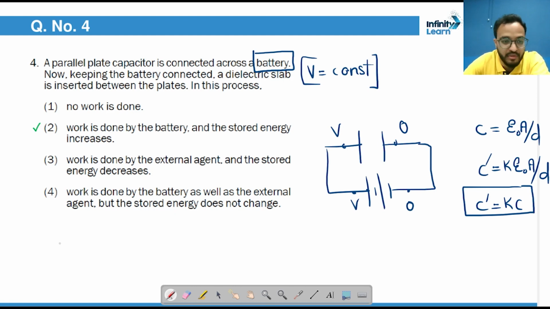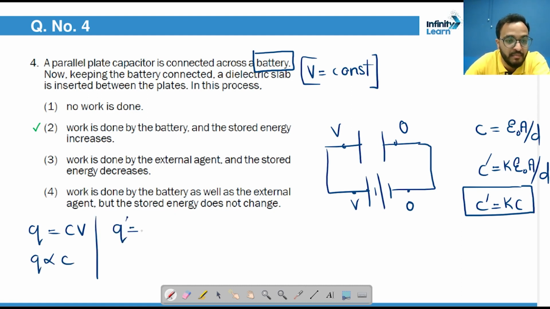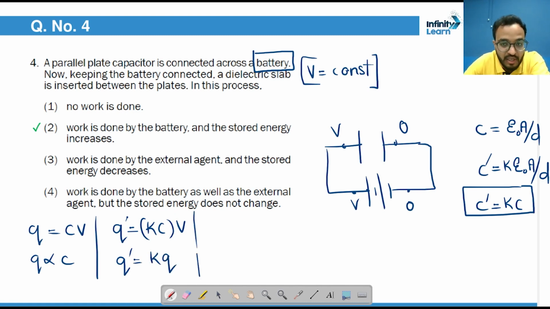Okay, now the capacitance is going to increase, right? So see, simple question. Q is equal to C into V. So if V is constant, Q is directly proportional to C. So Q dash will be equal to KC into V. That means Q dash will be equal to K times Q. That means charge increases.